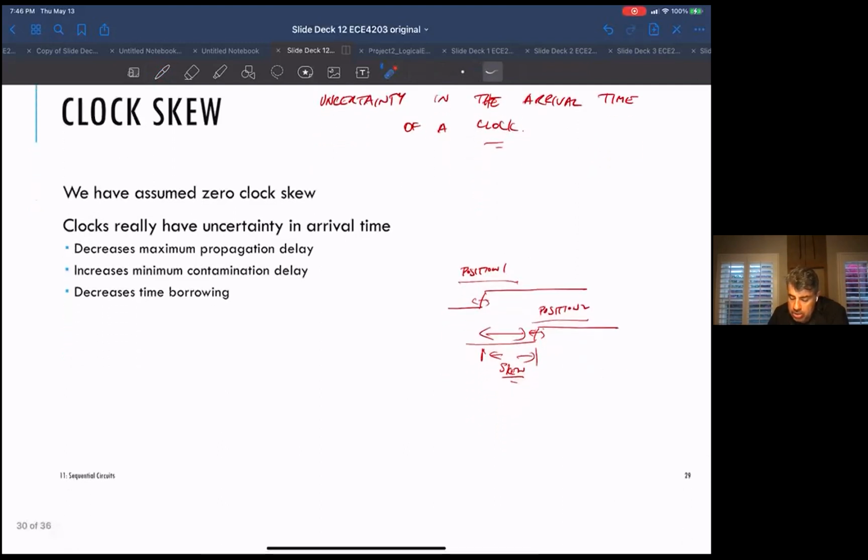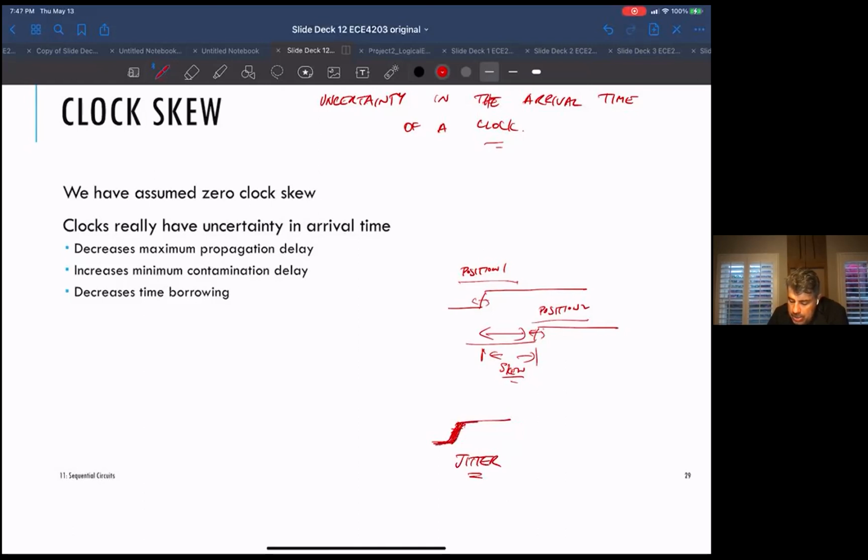The other uncertainty, which we won't talk about, but you'll be hearing about as you go to work, is jitter. Jitter is a time varying uncertainty. If you actually look at a clock on your scope and you zoom in, this thing will not always arrive at the same time.